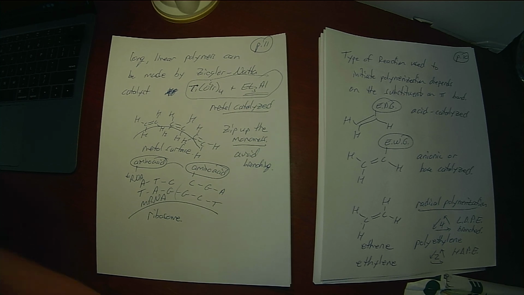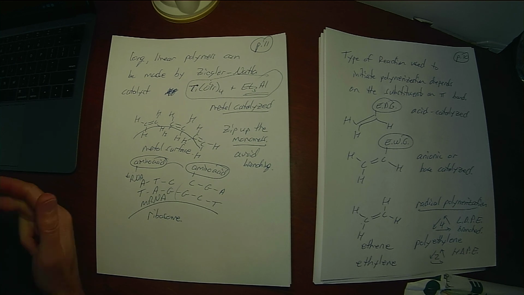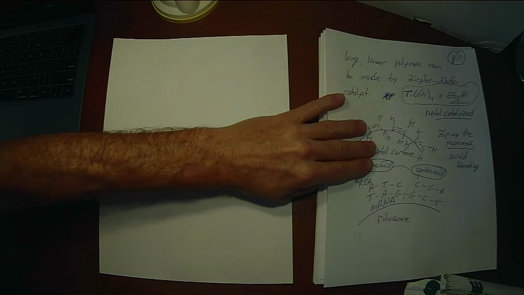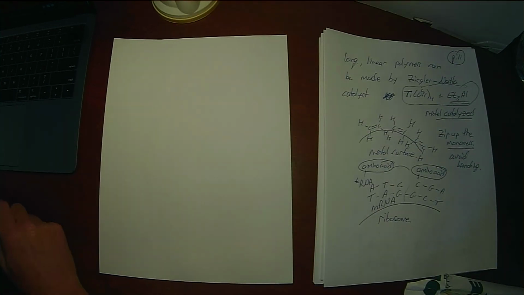What you really want to be able to do with polymers is, if presented with a monomer unit, you'd like to be able to show what the structure of the polymer would look like, and you'd like to be able to say whether it's likely to have been made by acid catalyzed or base catalyzed or radical polymerization or metal catalyst. And if you see a polymer, you'd like to be able to figure out what monomer unit it came from by identifying the repeating unit, right?